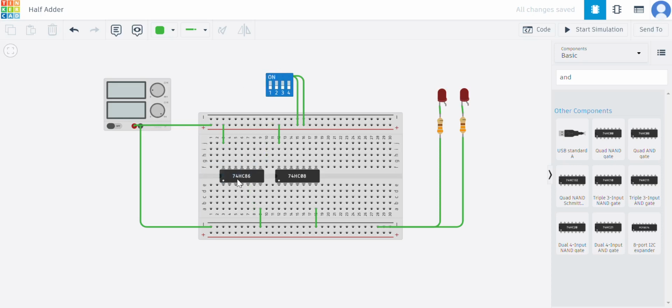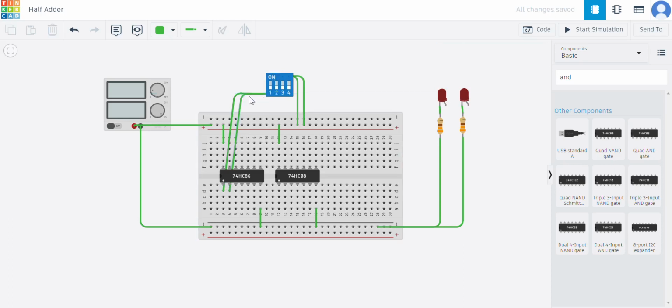For the XOR gate, you can see the name appearing here. There are two inputs, A and B, and from this pin we will get the output of XOR. So we connect the two inputs here from two different switches.